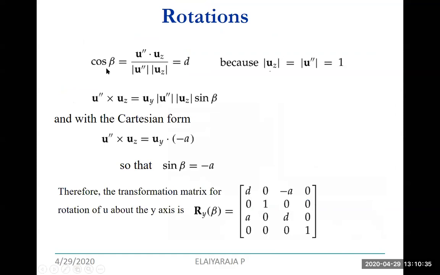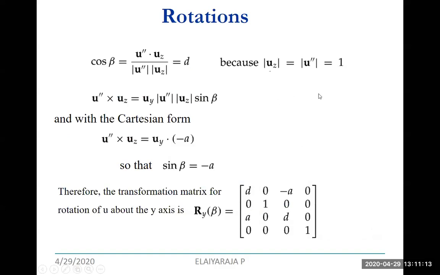Here you are going to calculate cos theta as u double dash dot uz, with respect to the z axis unit vector, divided by the modulus of u double dash and uz, where uz as well as u double dash are equal to 1 as per our previous notation. So you got cos beta equal to d, and as I told you, i, j, k, where the values are a comma 0 comma d, right?